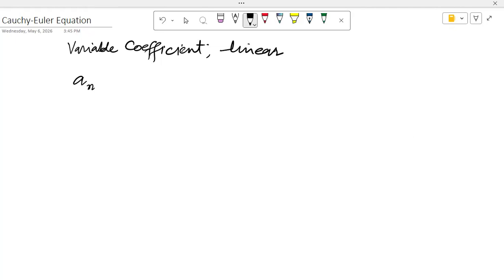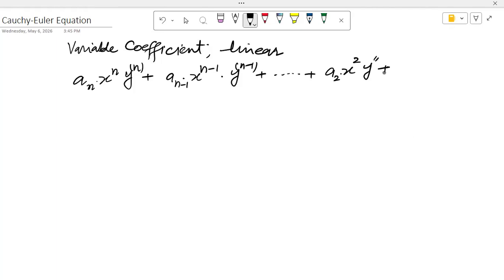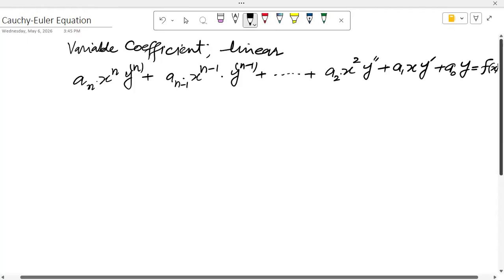For example, an nth order is a_n x raised to the power n times the nth derivative of y, plus a constant coefficient a_(n-1) times the variable part of the coefficient, x raised to the power n minus 1, with the (n-1)th derivative, and it goes on to a_2 x squared y double prime plus a_1 x y prime plus a_0 y, equal to some function of x.